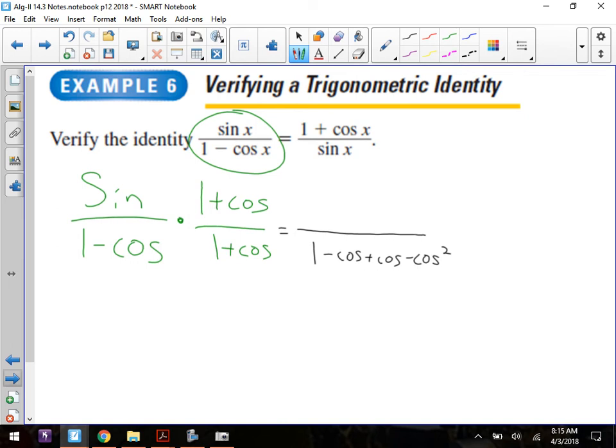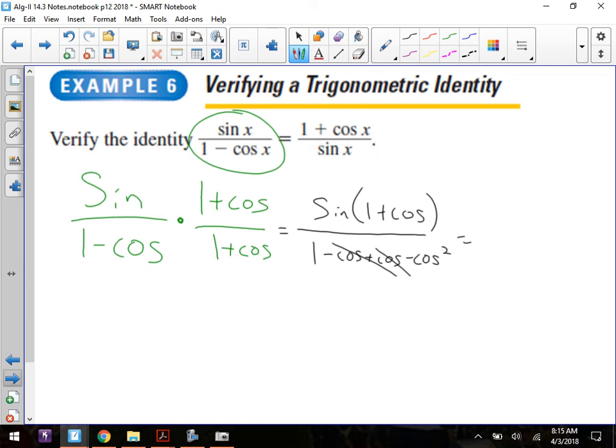Numerator, let's just write it out first. We'll just say it's sine times 1 plus cosine. Down here, those two drop out, and I get 1 minus cosine squared. Well, hey, look at that. I'm seeing a 1 and a cosine squared, and 1 minus cosine squared is sine squared.